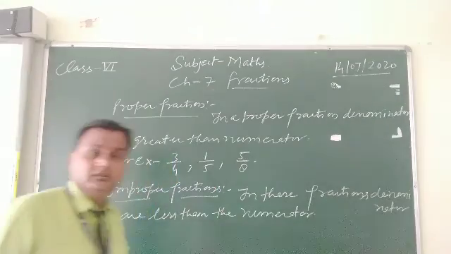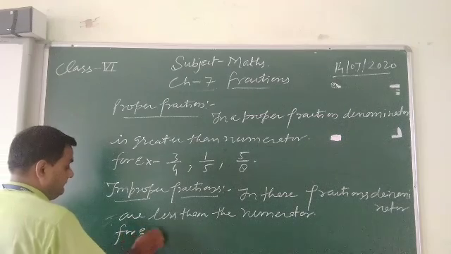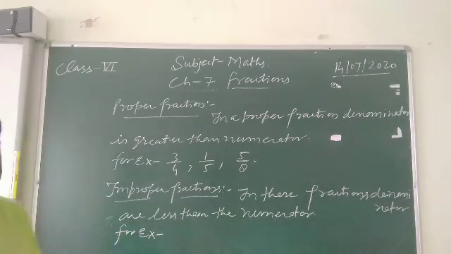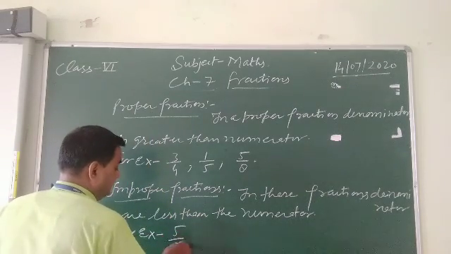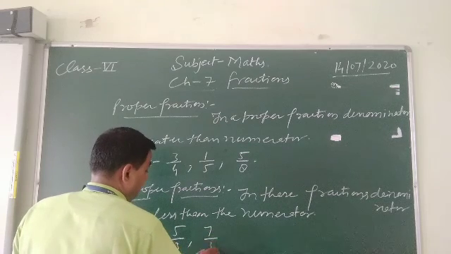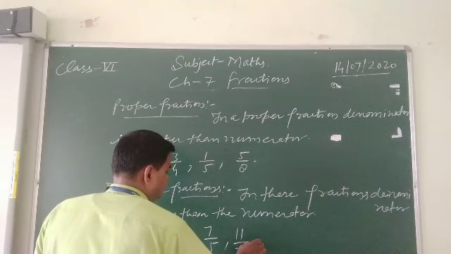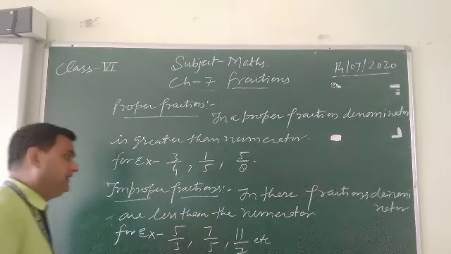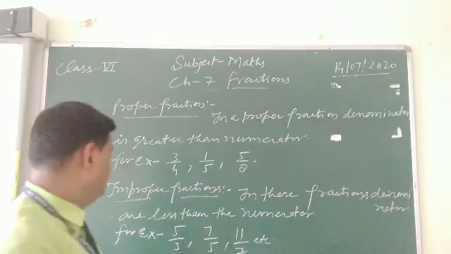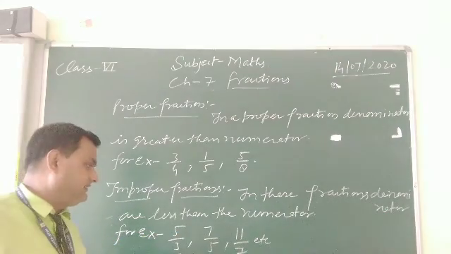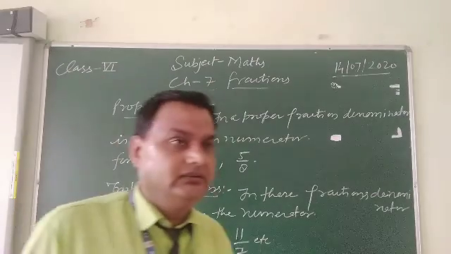Is it clear? So some examples of the improper fraction: 5 upon 3, 7 upon 5, 11 upon 7. Here we observe that numerators are greater than the denominator. So these are some examples of the improper fraction.